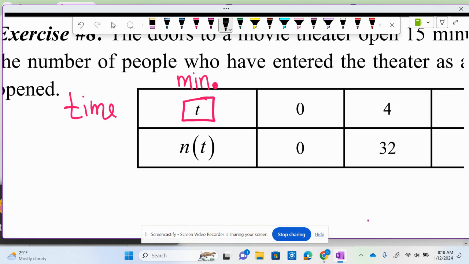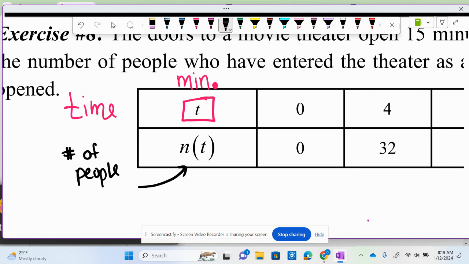What are we measuring? What are we counting? What's being counted? Yeah, this is the number of people. So that N of T just represents the number of people.